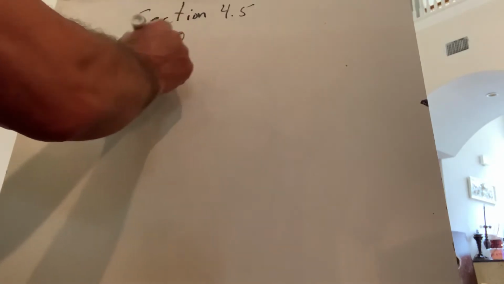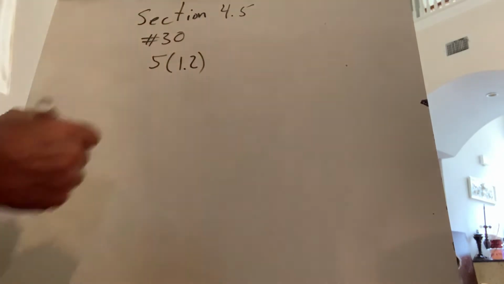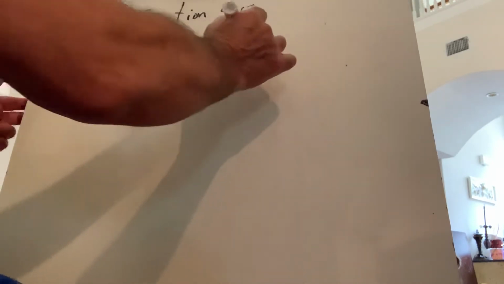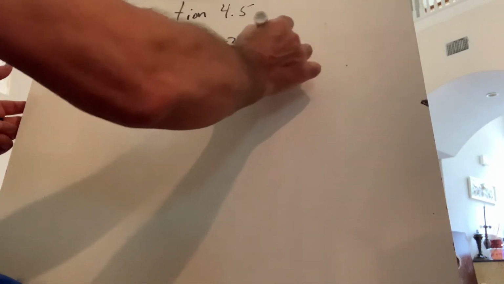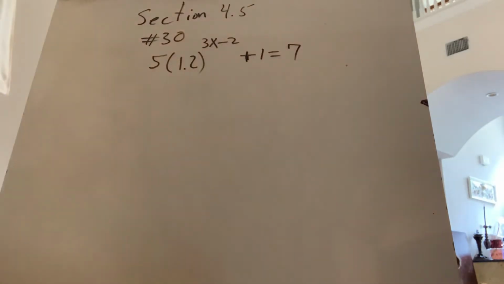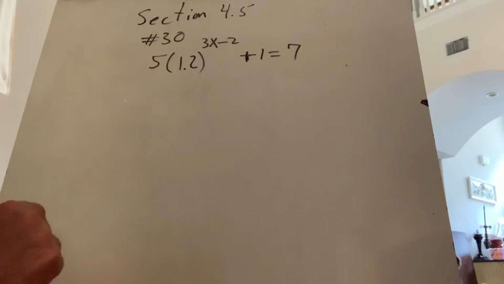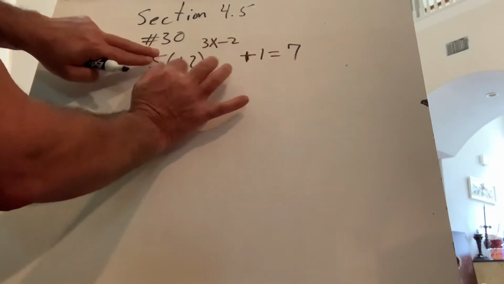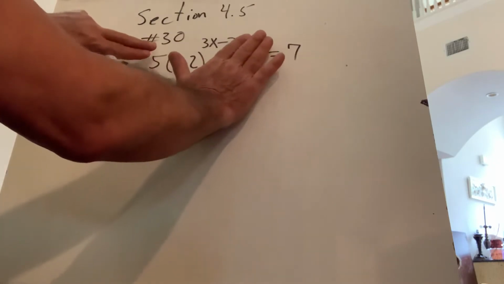So we have 5 times 1.2 raised to the 3x minus 2, plus 1, equals 7. If you remember, in the last video we told you to solve these types of equations, which are called exponential equations, you have to make sure the exponential expression, 1.2 raised to 3x minus 2, is by itself on one side, and a number on the other side.